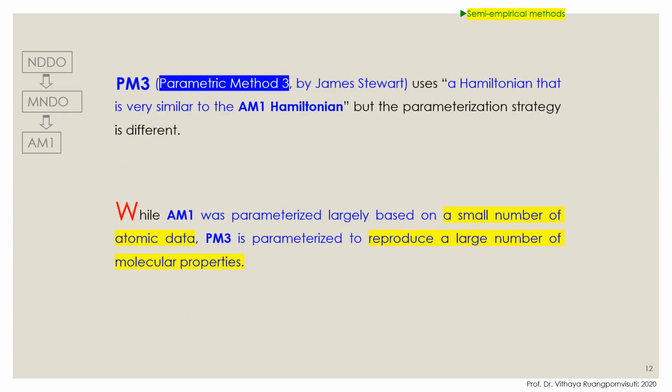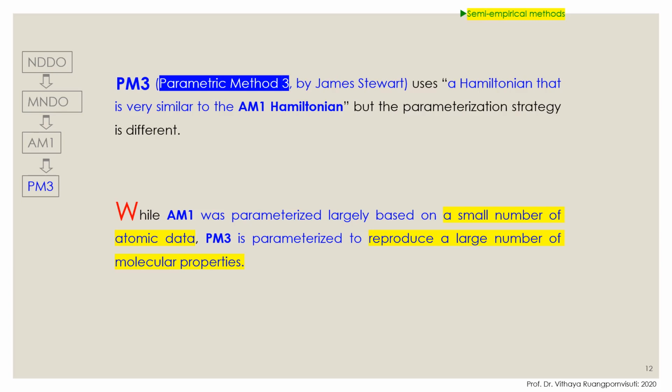PM3 method. PM3 stands for parametric method number 3. It was found by James Stewart. PM3 uses a Hamiltonian that is very similar to the AM1 Hamiltonian, but the parameterization strategy is different.